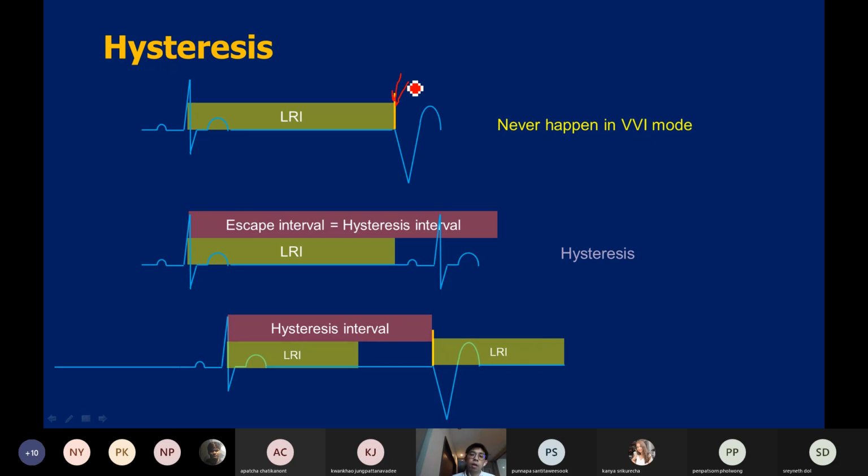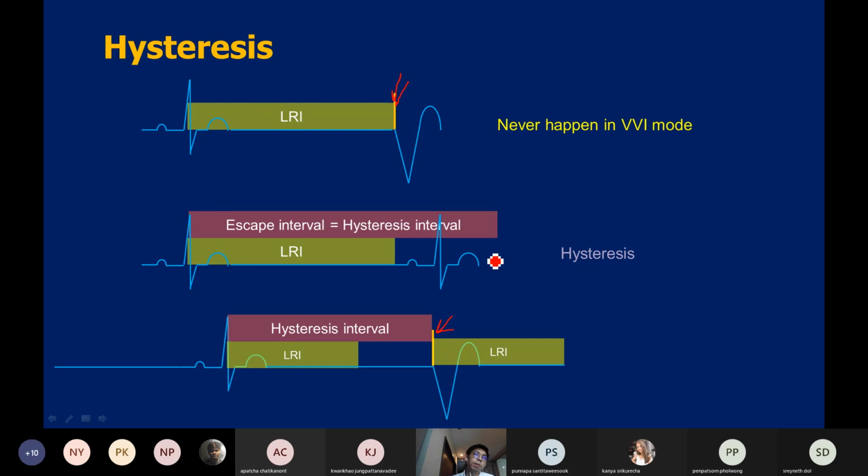It would not pace. But if it's the end of the hysteresis interval and there is no intrinsic rhythm, the pacemaker would pace out. So don't be too excited if you see something like that.